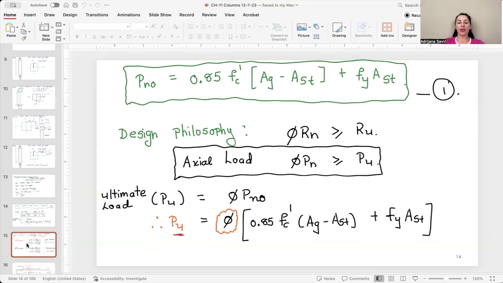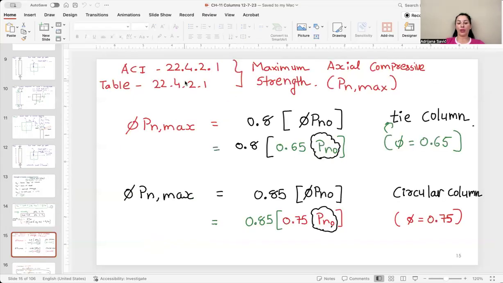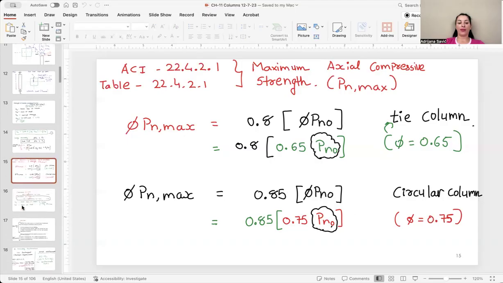So in this case, according to the ACI code, phi Pn max is 0.8 phi Pn naught, and for tied columns, this phi is 0.65. For circular columns, this phi is 0.75.